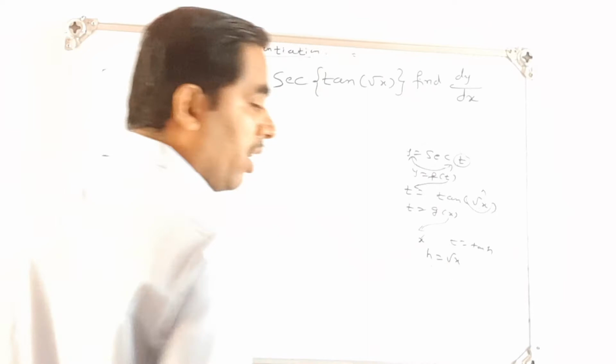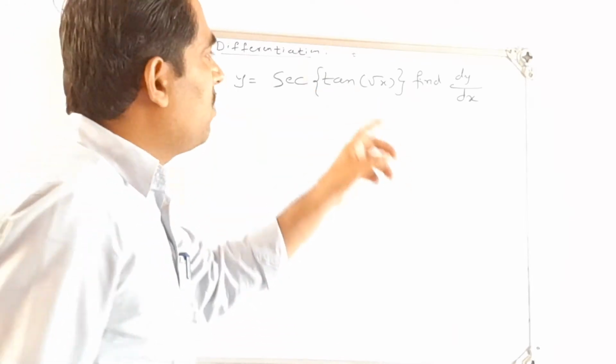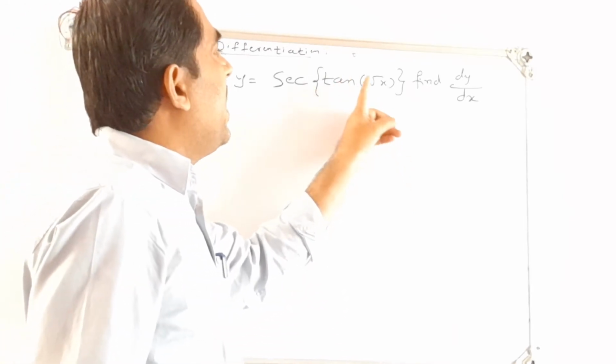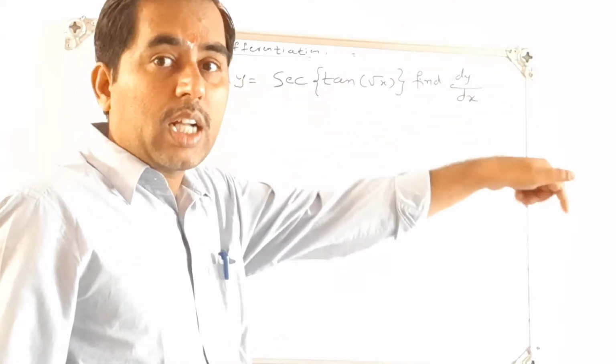H is once again a function of x. So it is a function of a function of a function. Here there is secant t, one function, then tan h, another function, and h is equal to root x is another function.